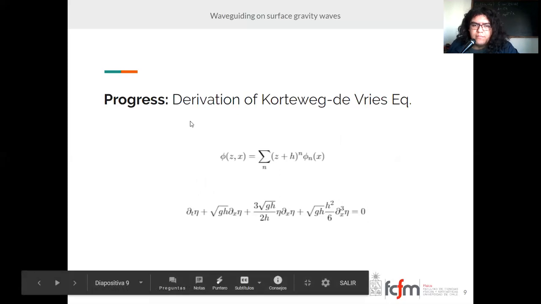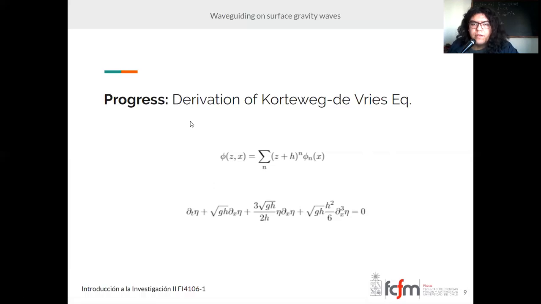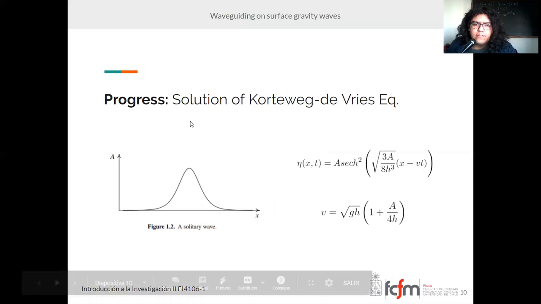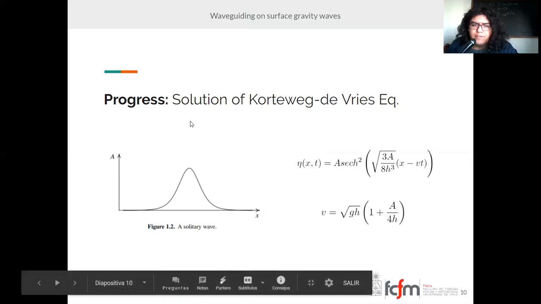We have this term that is in equilibrium with this dispersive term. So this equation has this type of solution. Due to this formula, this is the shape of this type of solution, and usually it is called a solitary wave or a soliton.